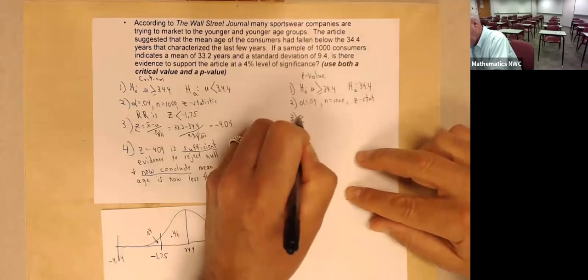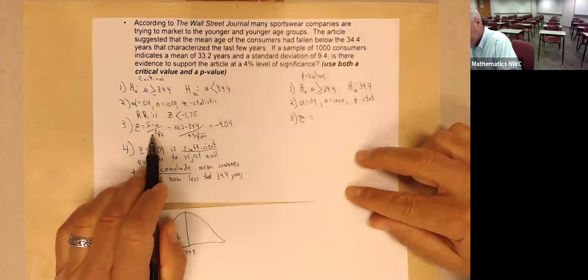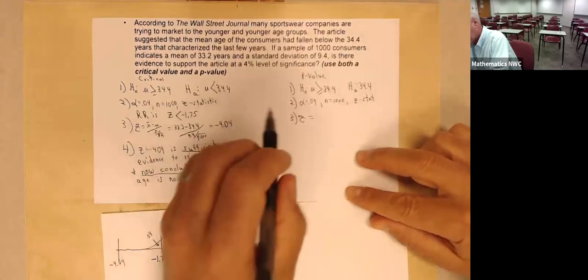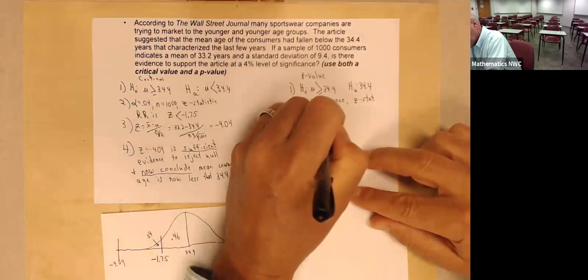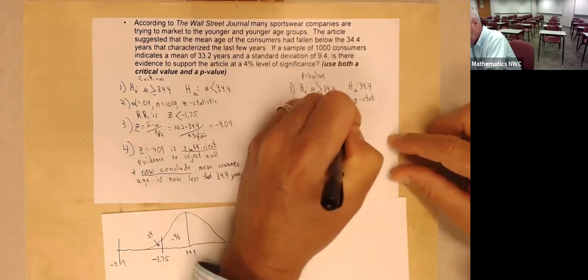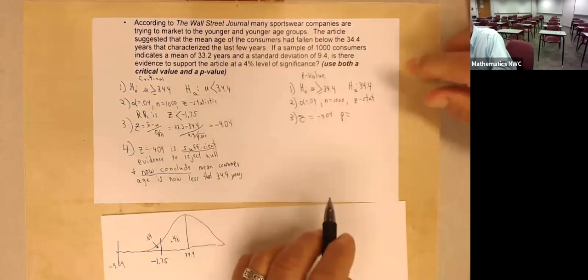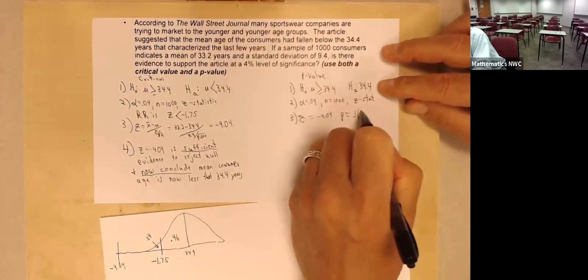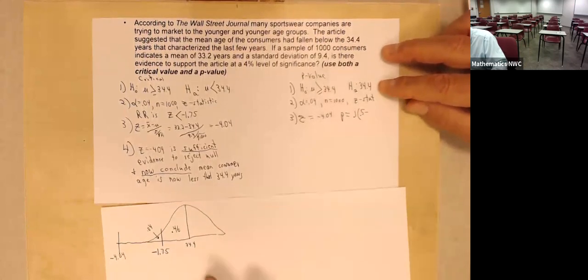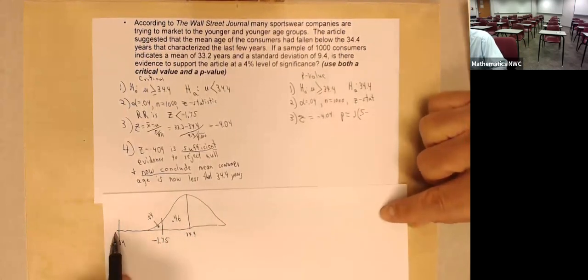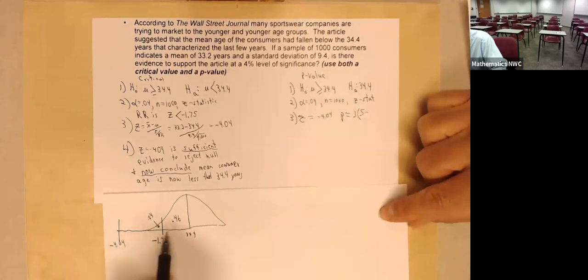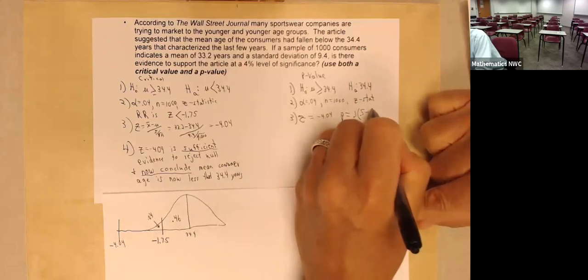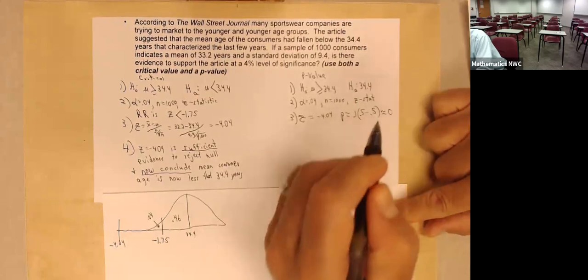Step number 3 over here, I would have listed the same formula, same substitutions, got the same value. My p-value would have been 0, it's single-tailed. Now this might be a little hard to understand, but because it's so far over, from the middle out to this Z-score, I've used all the part of the tail. I've used all 0.5, so it approximates 0.